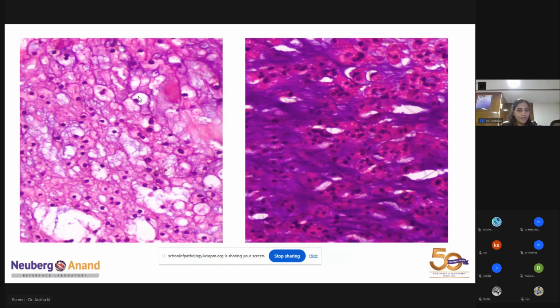Now, can you tell me why there is clear cytoplasm here, Dr. Rachna? These are the physaliferous cells having bubbly cytoplasm. Yes, but this clear vacuolated cytoplasm is because of what? It's because of the glycogen. Yes, glycogen, that's why it's clear cytoplasm.